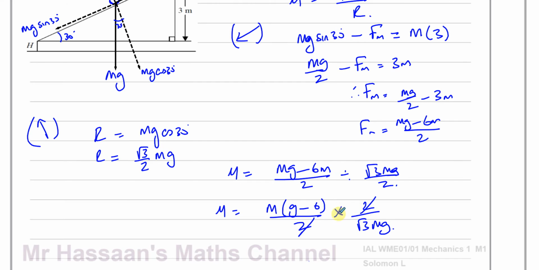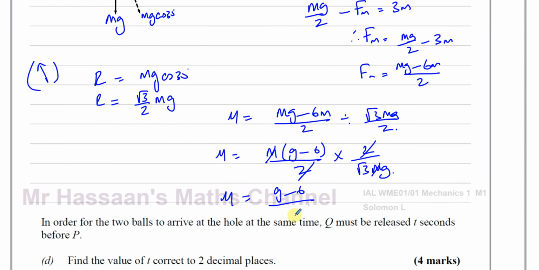The 2's cancel, the m's cancel, so we're left with mu is equal to (g minus 6) over root 3 times g. So you can say over g root 3.